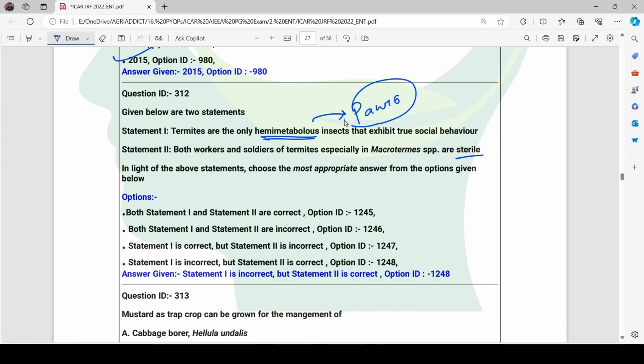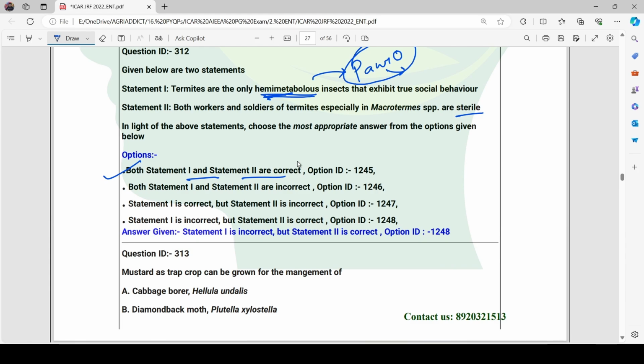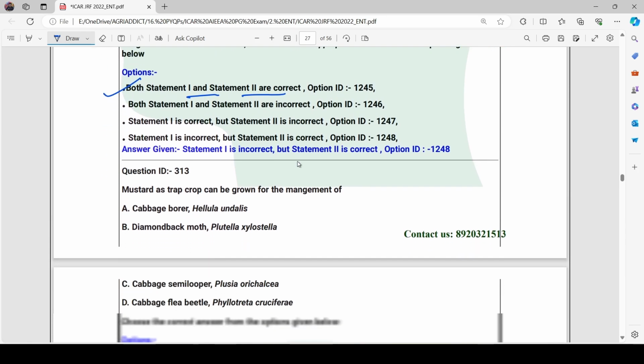They should mainly come under paurometabolous, but in most of the books they are considered hemimetabolous, and in the answer key also it is given that both are correct. So just go with the answer key in this case, because there is some controversy in the proper definition and example of hemimetabolous and paurometabolous. So here both are correct is the right answer.